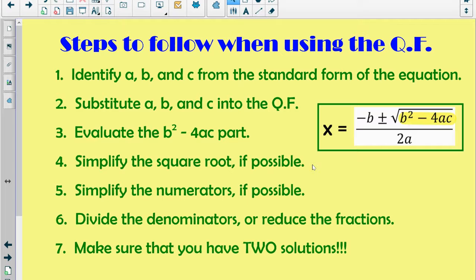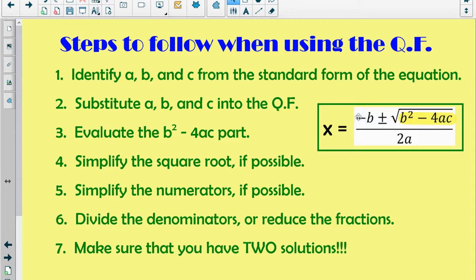Hopefully, you end up with a perfect square there, something you can actually take the square root of. And other times, you'll just have a square root that you can simplify. Step 5 says to simplify the numerators if possible. We have this plus minus symbol here. We've seen that a little bit in our other work.